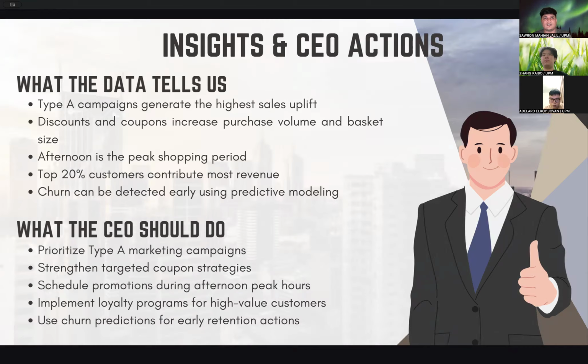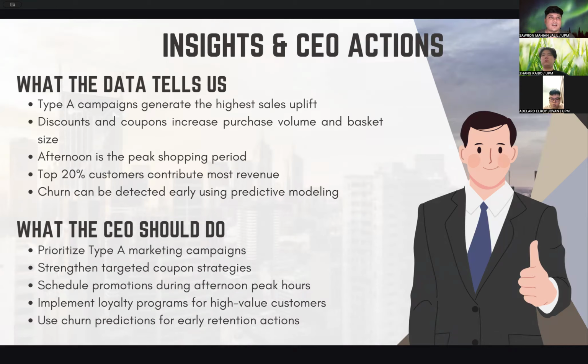In this slide, we are talking about insights and CEO actions. Based on the analysis, the data shows that type A campaigns generate the highest sales uplift. Discounts and coupons increase basket size, and customer activity peaks during the afternoon. Additionally, the top 20% of customers contribute the majority of revenue.